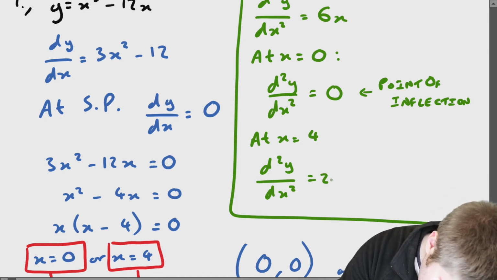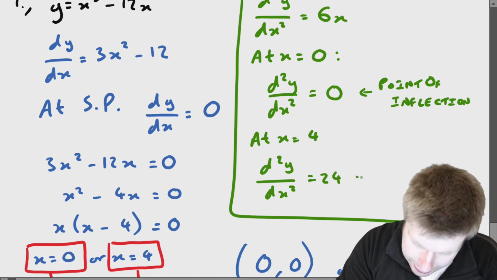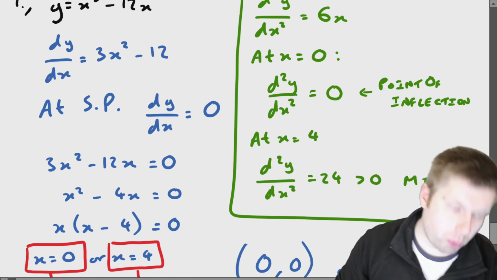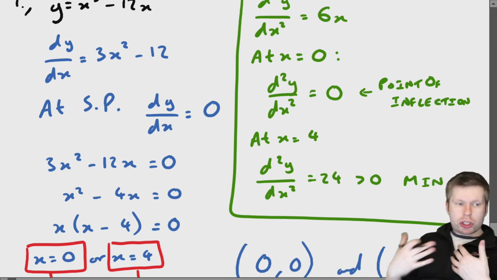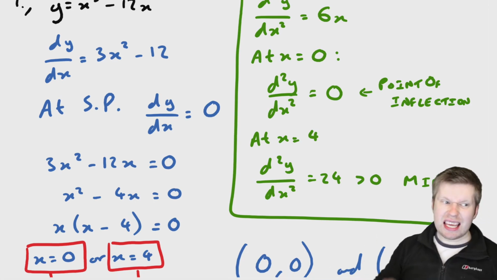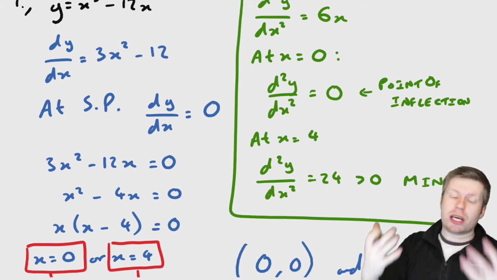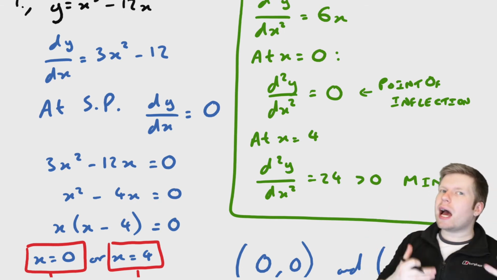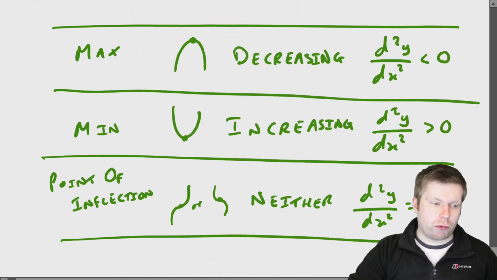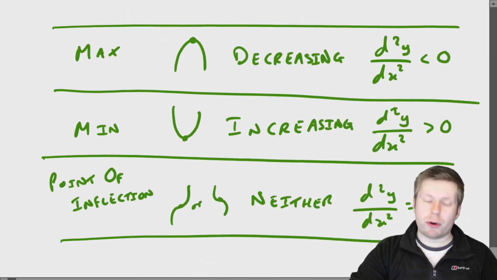Because this is greater than 0, that implies it's probably going to be a minimum point there. So determining their nature is quite simply differentiating again, sticking in your stationary point values and finding out what the second derivative is doing. Hopefully that makes sense in the context of this example and this table here.